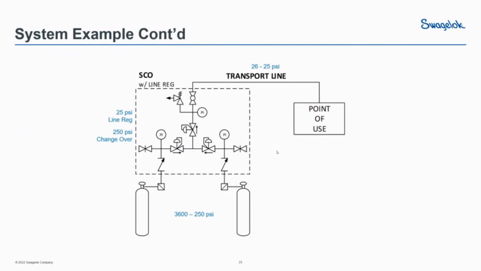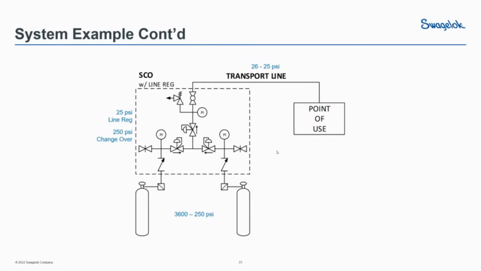So when would we want to have an SCO with a line regulator? Well, here we take a very similar example, but in this case, the point of use is very closely located to the changeover panel. So we don't need to have a separate SPU or a point of use regulator. So in this case, we remove that panel and we take that regulation stage and we essentially apply it right at the SCO.